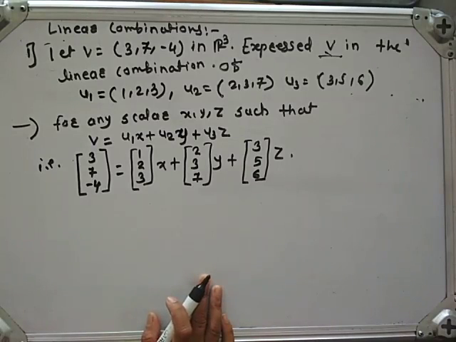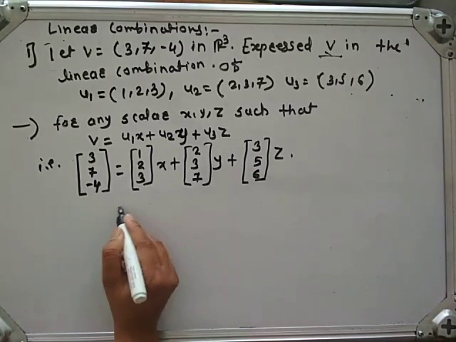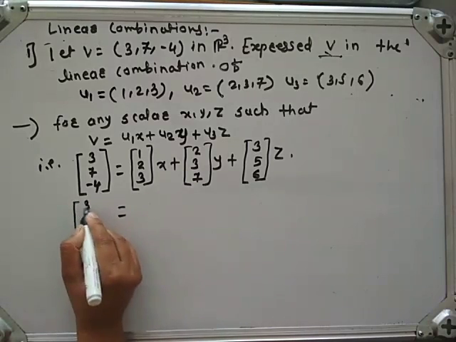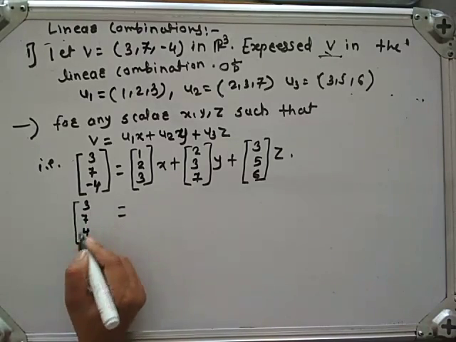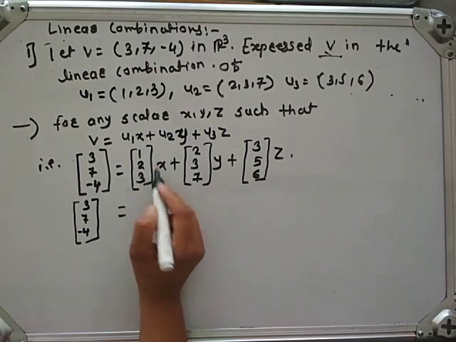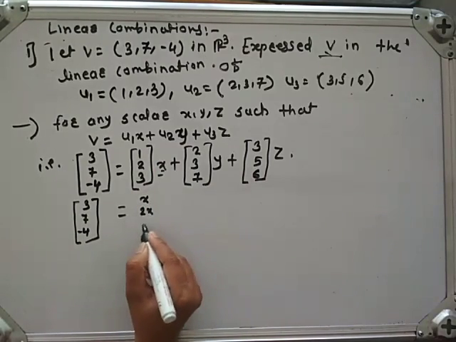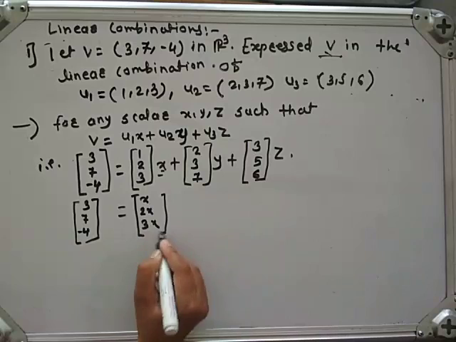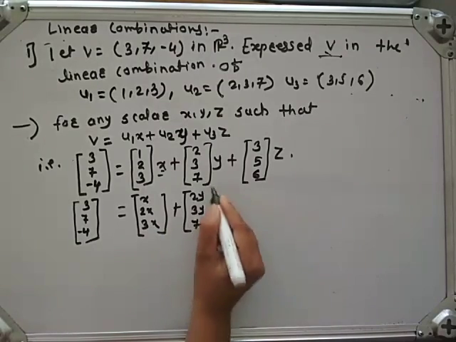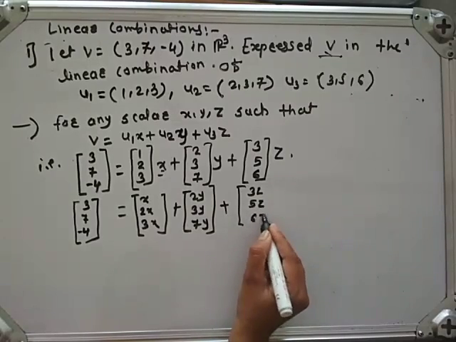Okay. Now we have to solve this system of linear equations. Which is equal to, LHS keep as it is, matrix 3, 7, minus 4, which is equal to, multiply each entry of u1 by x. What we get? x, 2x, 3x. Okay. Plus 2y, 3y, 7y plus matrix 3z, 5z, 6z.